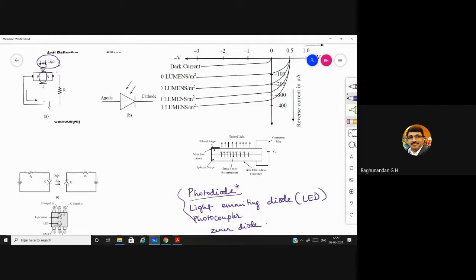Under reverse bias condition, as you know, you will have very little current, the reverse saturation current, which is almost negligible. But when you consider the light over the depletion layer, the current will start increasing under reverse bias condition. That current will be the equivalent current of the light.